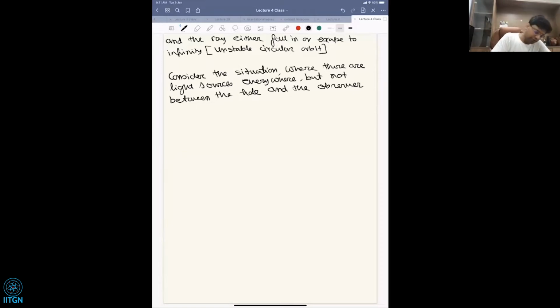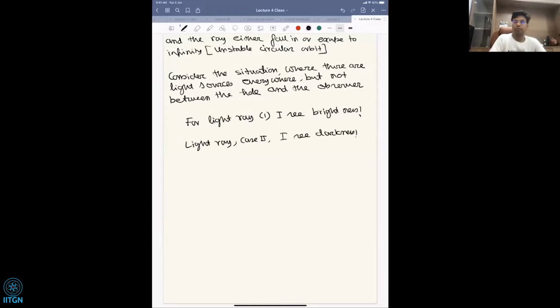So in that case, for light ray 1, that means the rays coming from the light sources and reaching me, I see brightness. Very good. For light rays, case 2, I see darkness. And this darkness is what we define as the shadow of the black hole.